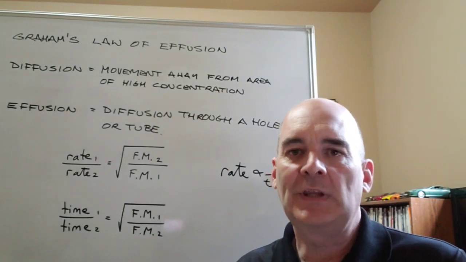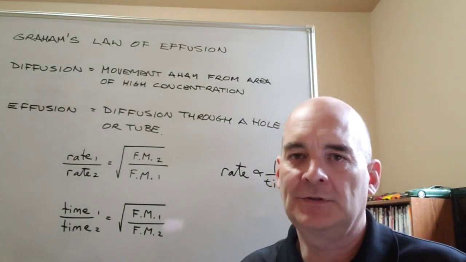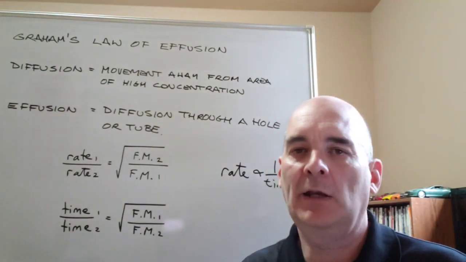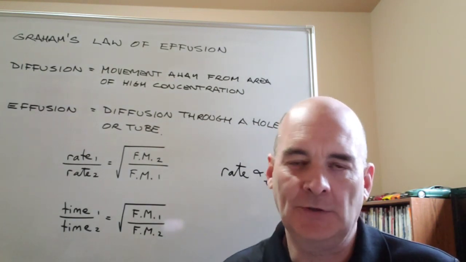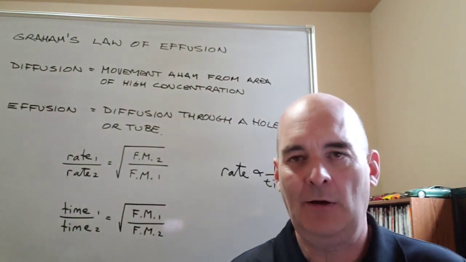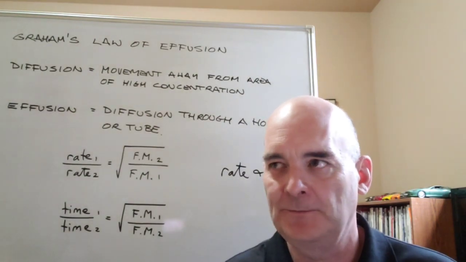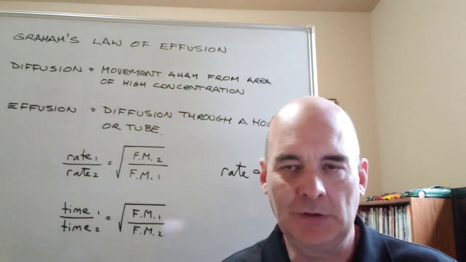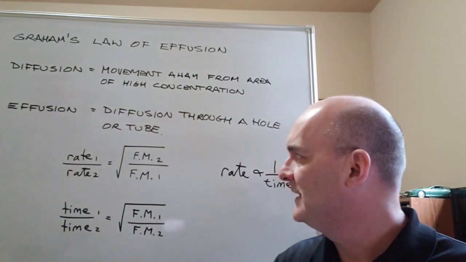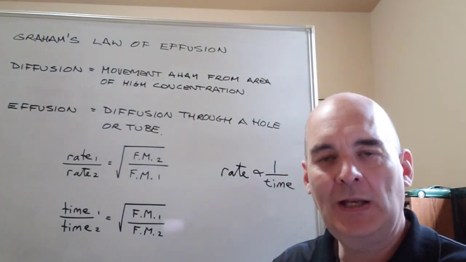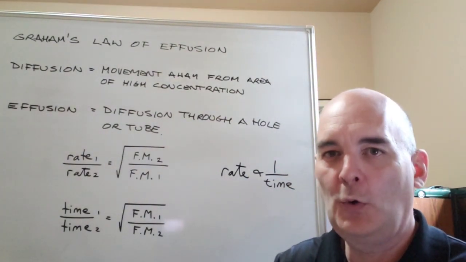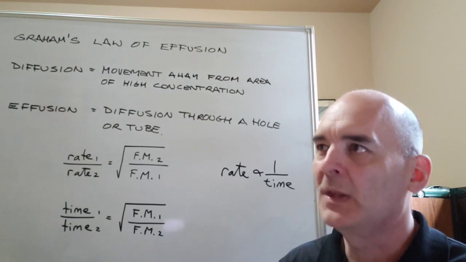Diffusion is the movement of particles away from an area in which they are at high concentration into an area at which they're in lower concentration. And effusion is the same as diffusion, except that it has to go through a hole or through a tube.